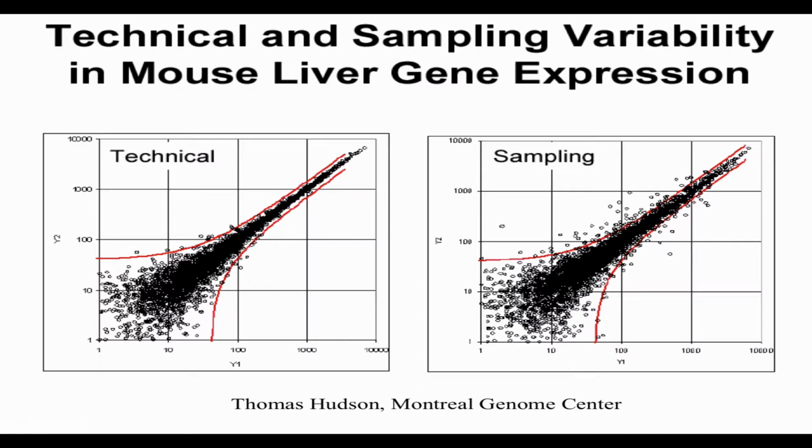Usually to control for that level of background variability, what we're going to need is quite a few biological replicates, and look for those genes that consistently vary between treatments more than they vary within treatments.